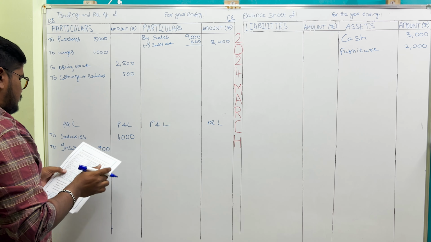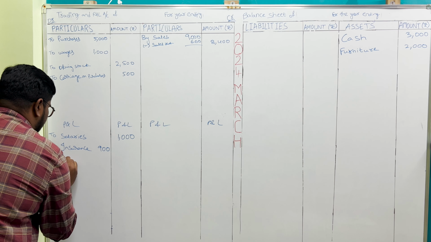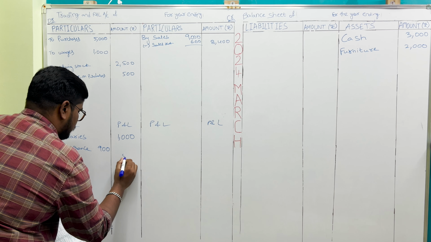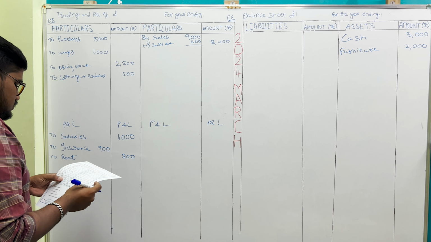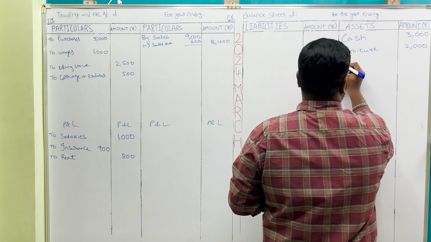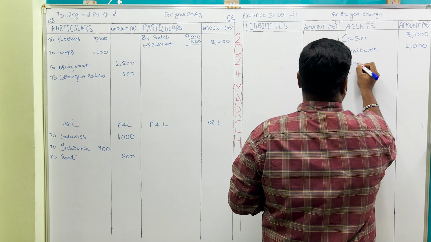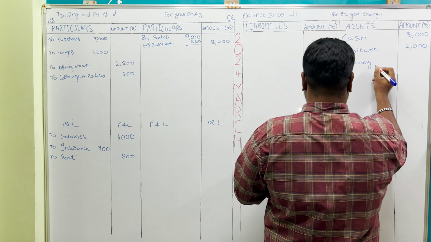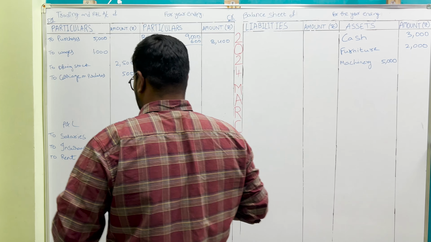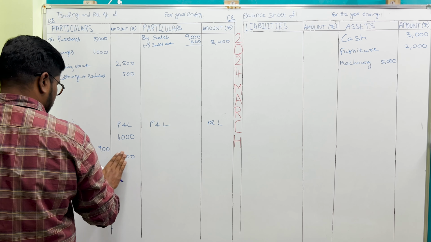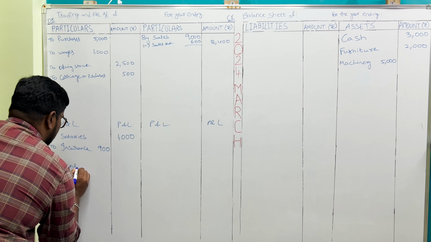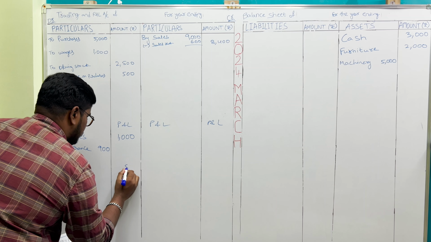Next, rent. Rent is nothing but office rent. To rent 800. We don't have any adjustment. Machinery, we have an adjustment. Machinery, we are writing 5000 in the inner column because we have an adjustment.